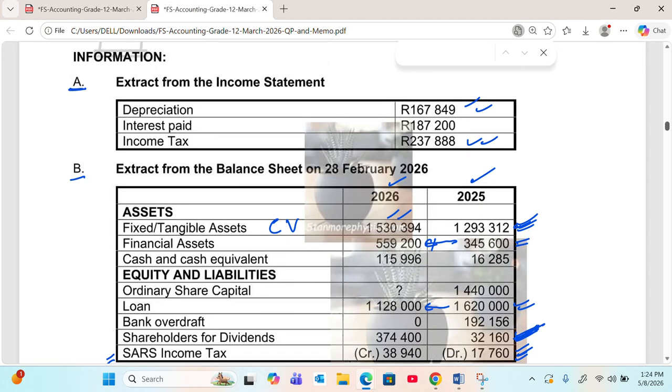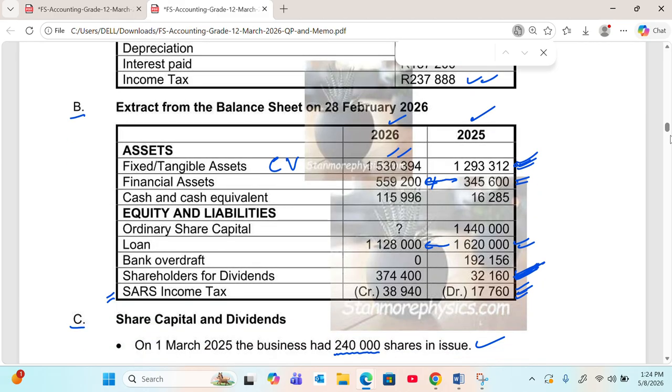So our cash and cash equivalent at the beginning of the year, can you notice that we have a bank overdraft? That is the only cash equivalent that we have there, the bank overdraft. It means now we owe the bank an amount of 192,156. We are owing the bank. But we also received money because we sold shares.